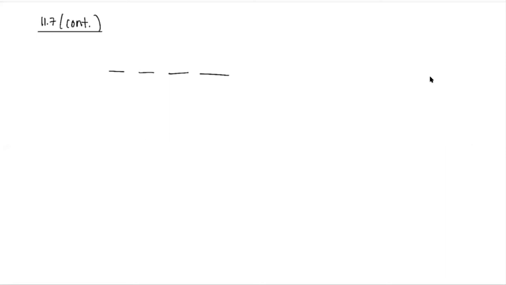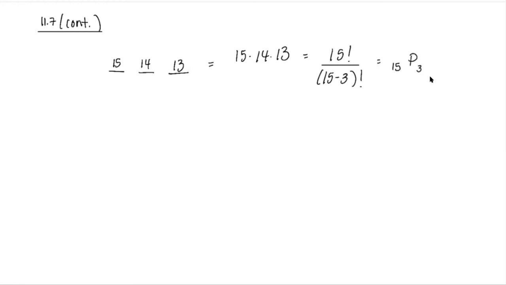If I have 15 objects and I'm choosing 3, I've got 15 in the first spot, 14 for the second, and 13 to choose from, and I just multiply them. So this would be 15 times 14 times 13, or again, it simplifies to 15 factorial over 15 minus 3 factorial. So from 15 objects, we're permuting 3 of them.